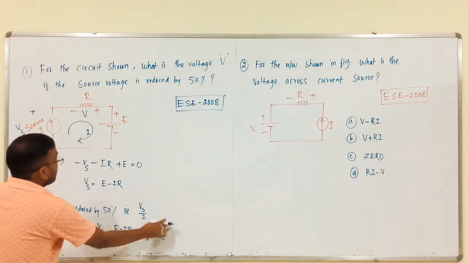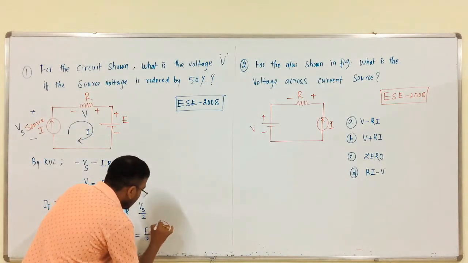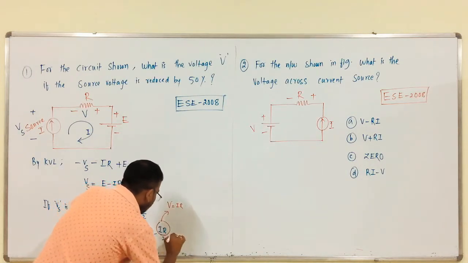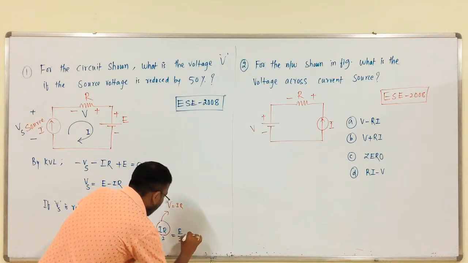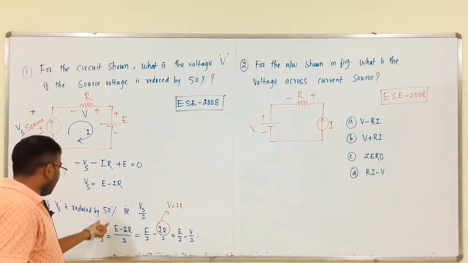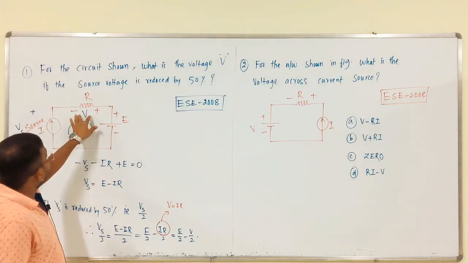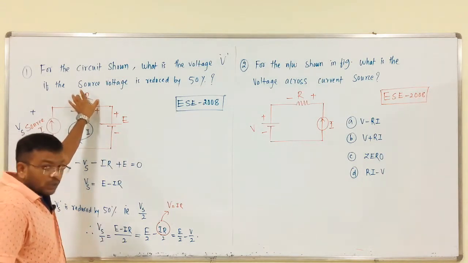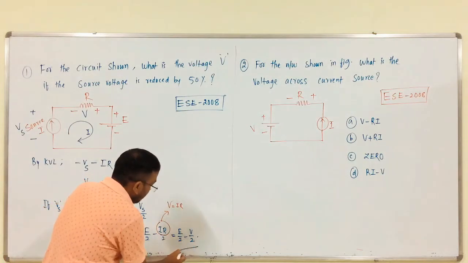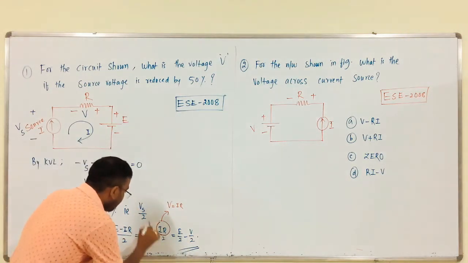What is this IR? V is equal to I into R. So, it is equal to E by 2 minus V by 2. So, what will happen if the source voltage is reduced by 50%, the voltage present across the resistor is also reduced by 50%. So, E by 2 minus V by 2, or E minus IR by 2, like this we have to write.